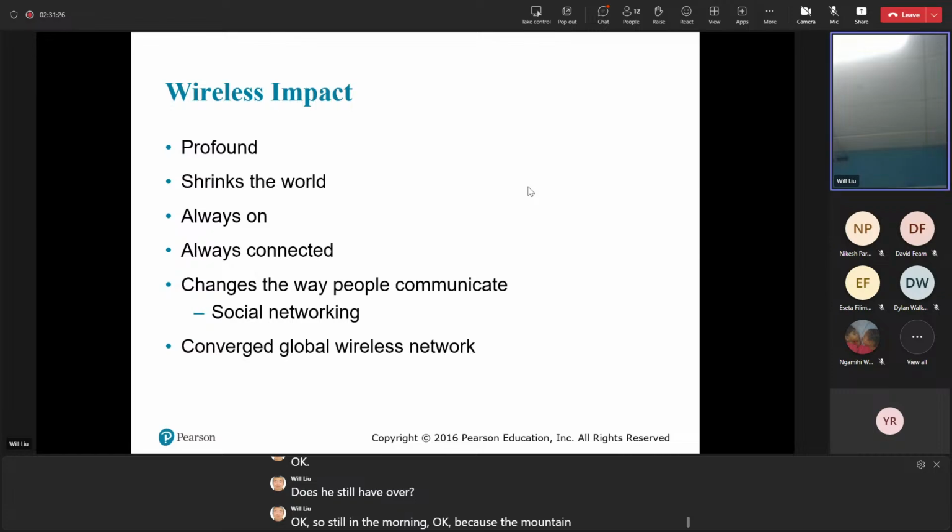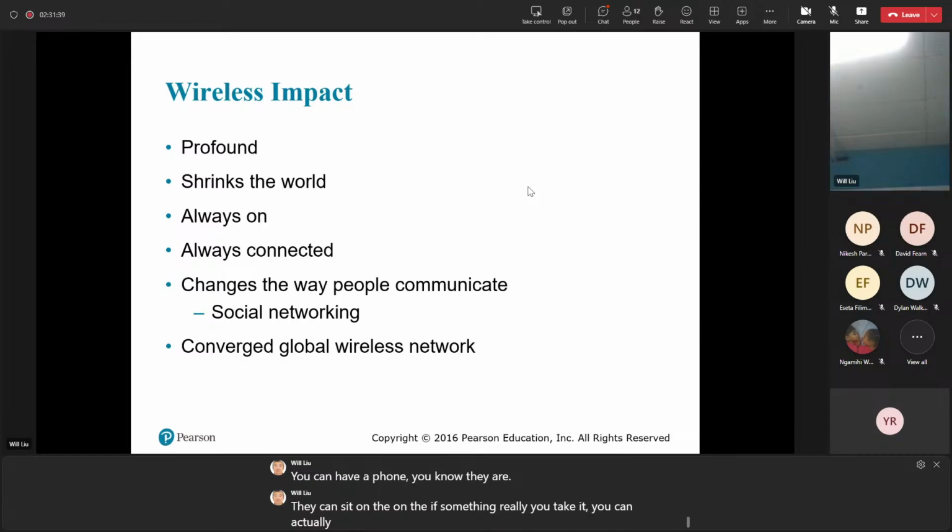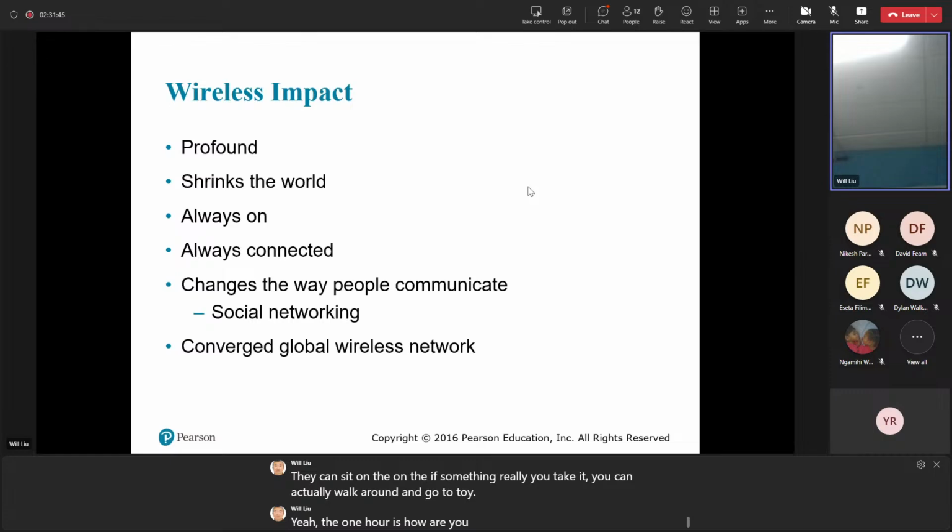Now a lot of phones are wireless, right? You can have a phone that sits on a base, and you take it and go around, you can go to the toilet, as long as it's within about 100 meters from the center.